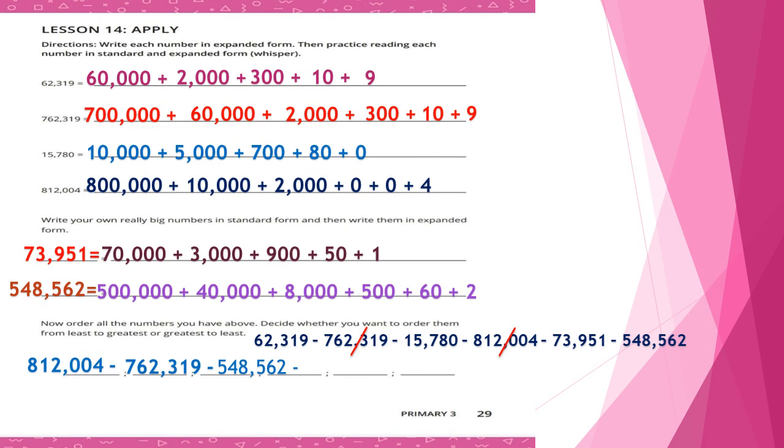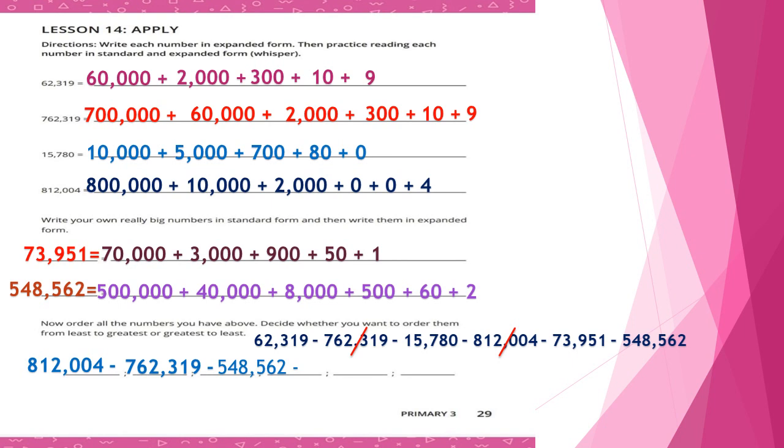Now we have 3 5-digit numbers. We have here 62,319, 15,780, 73,951. We have here 6 in 10,000, 1 in 10,000, 7 in 10,000.